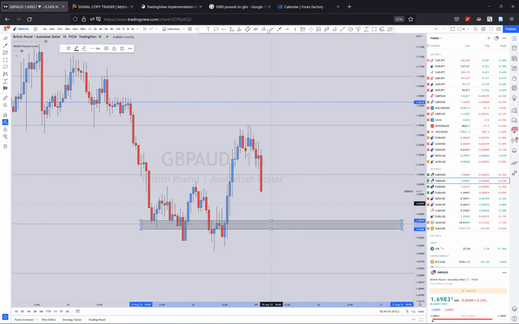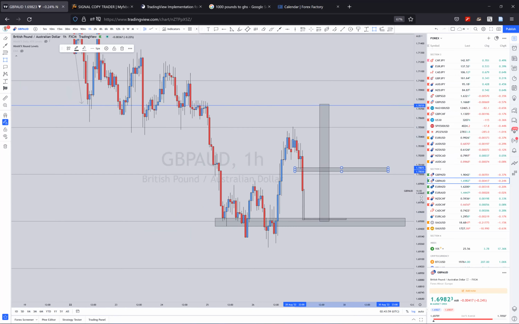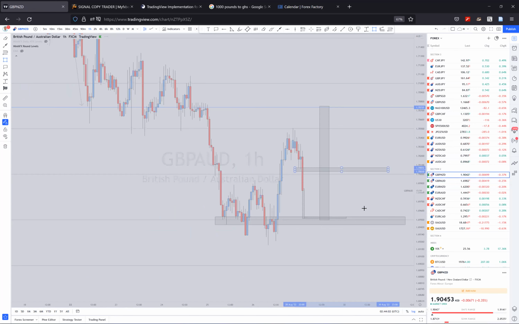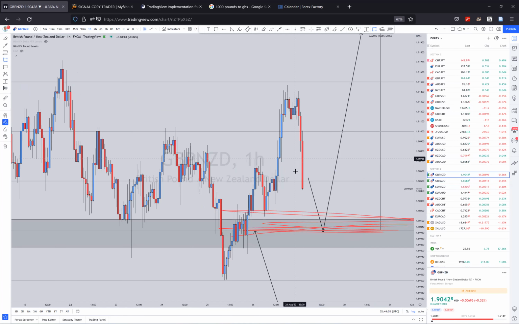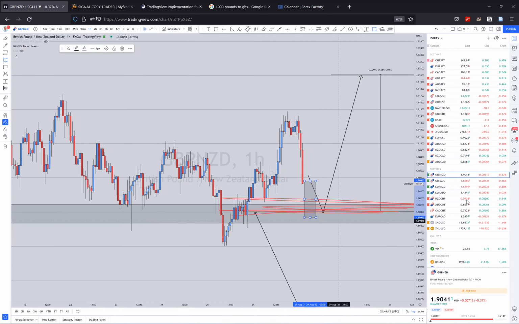We would want to see how price reacts to this level. Depending on how price reacts to this level, we're looking to go long from here to this level here and take partial profit around this liquidity here. So we're expecting a similar movement just like that of GN. So GN also should continue pushing to this level, and we look for potential buying from here, depending on how price reacts to this level.